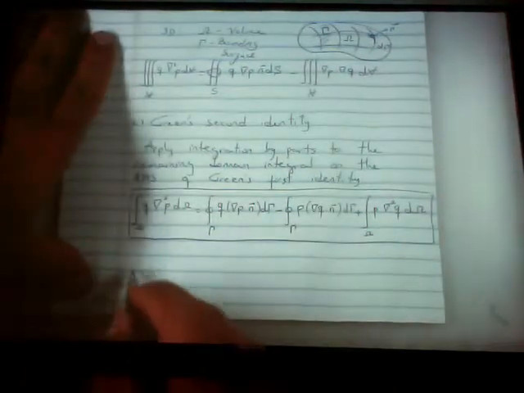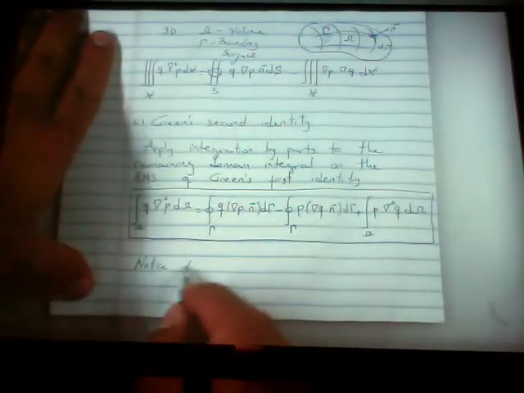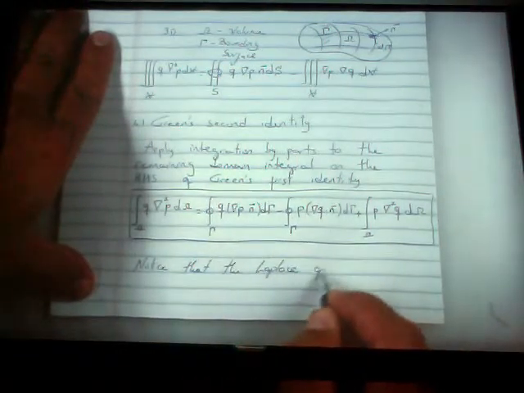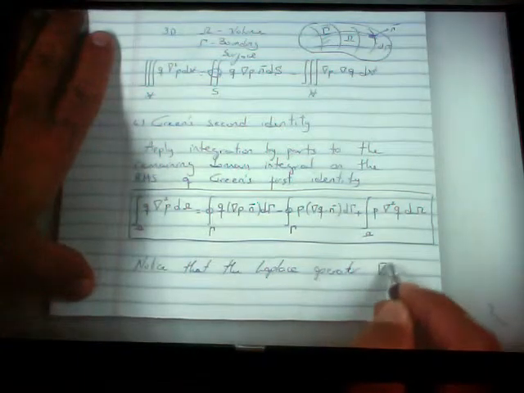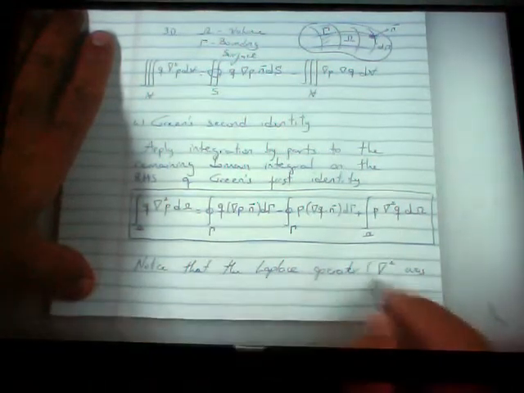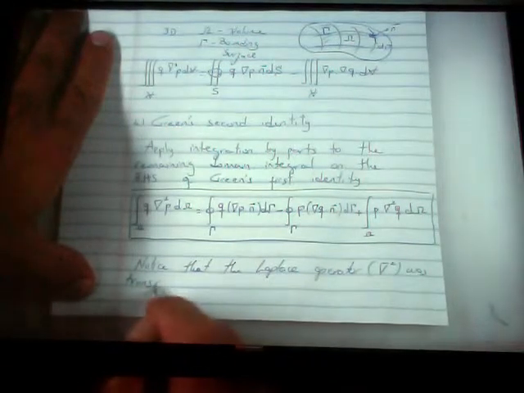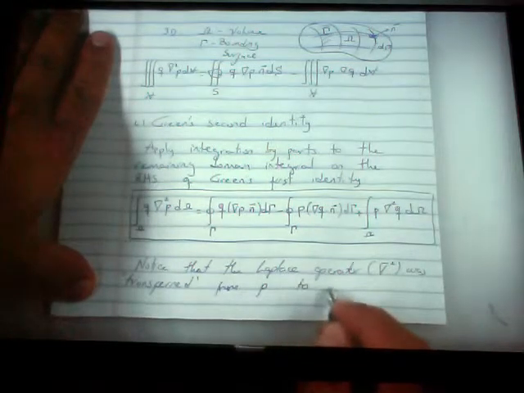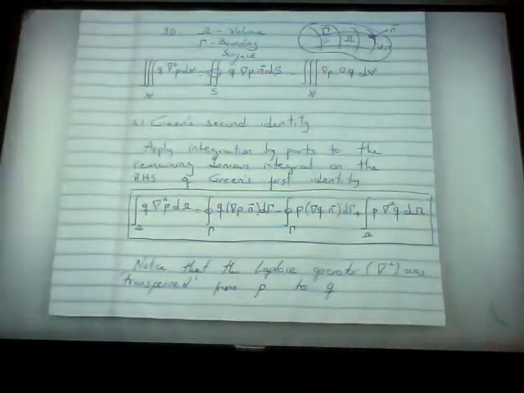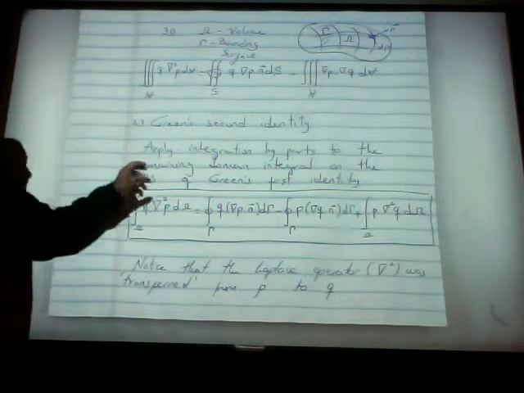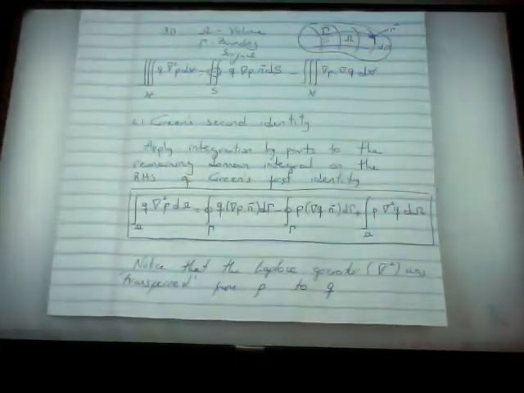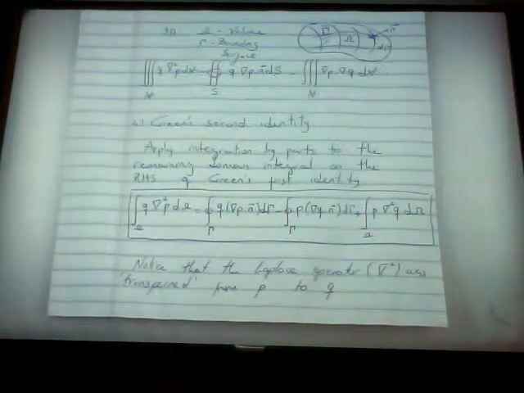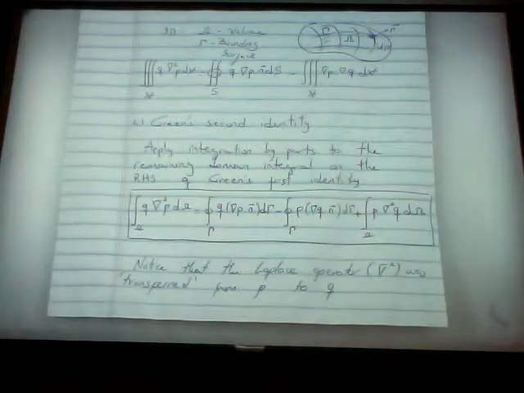But the consequence of these is, notice that the Laplace operator was transferred from P to Q. So first it was applied to P, now it's being applied to Q. And that is something that is going to have major relevance to what we want to achieve later on.